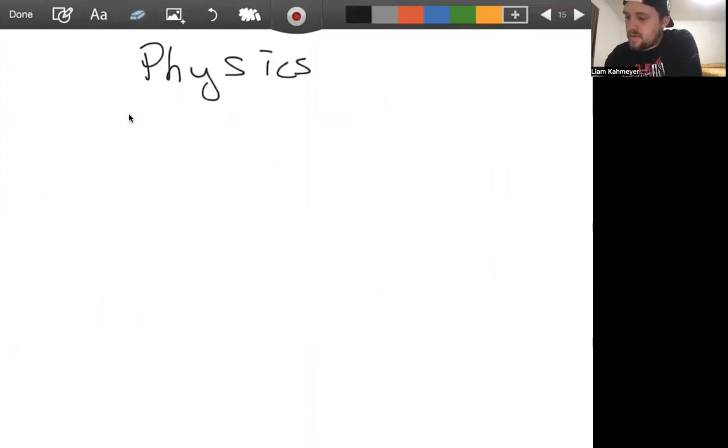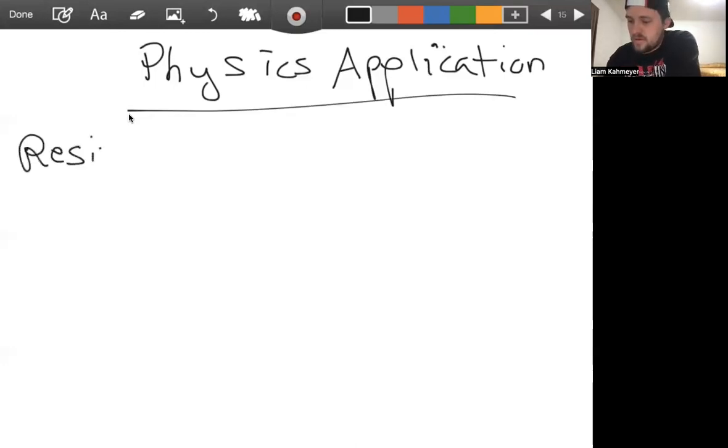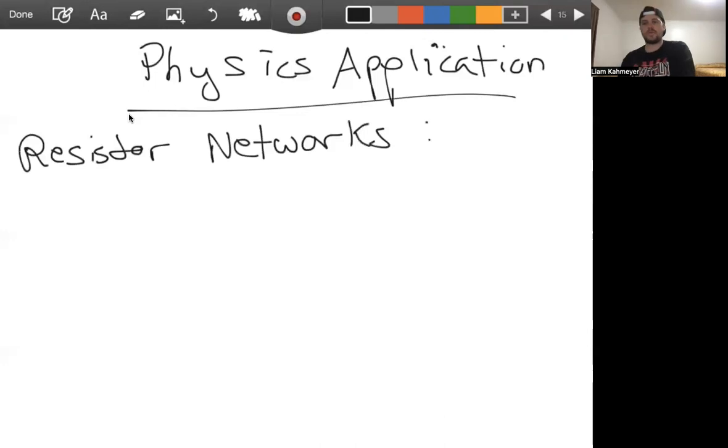Or how about an application? The application that we're going to be looking at is the application to resistor networks. Let's recall a little bit of physics terminology and some values and units.